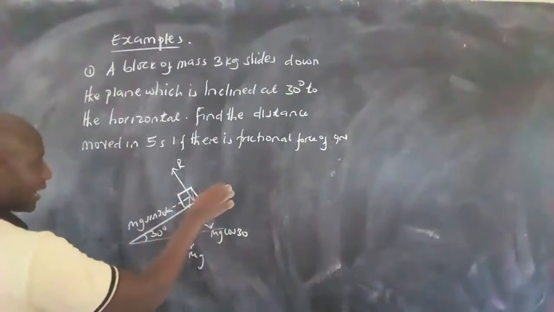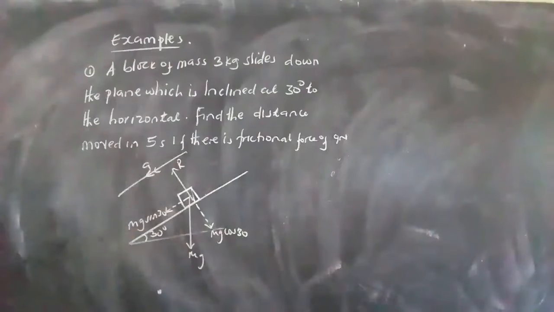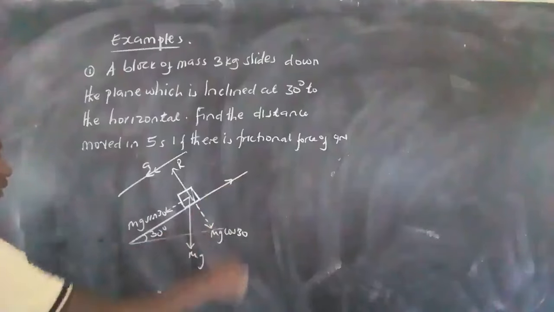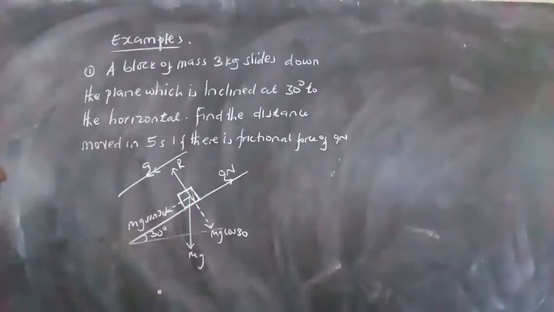If it is sliding down, if the motion is downward with acceleration A, the question is, where is the force that opposes motion? The force that will oppose the motion will be the force in that direction, and it is given as 9 Newton.